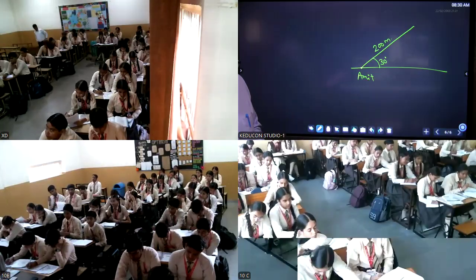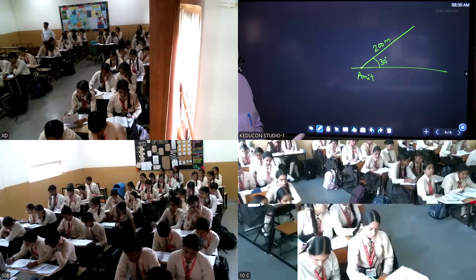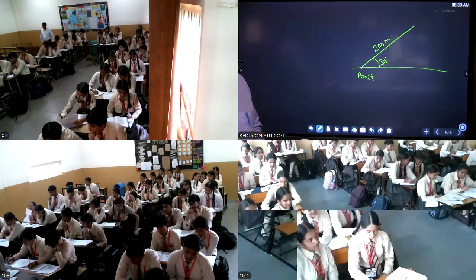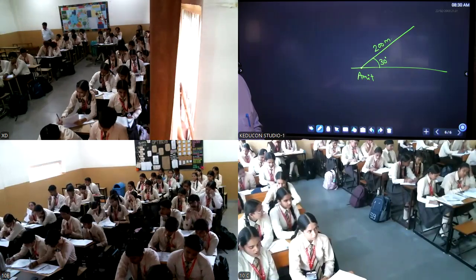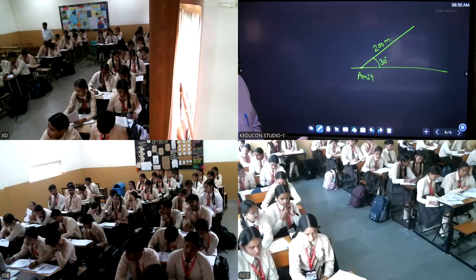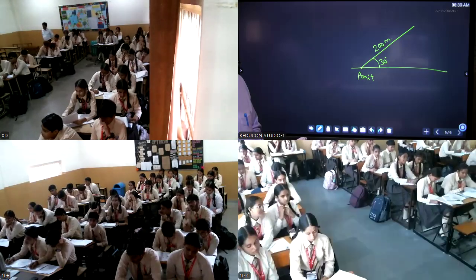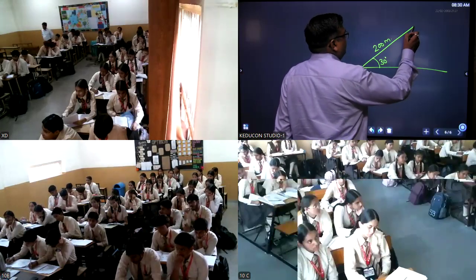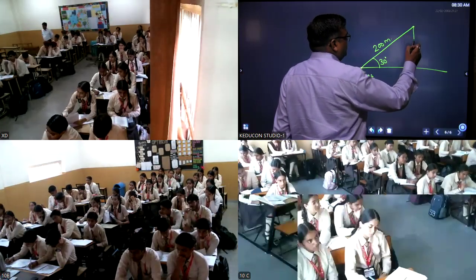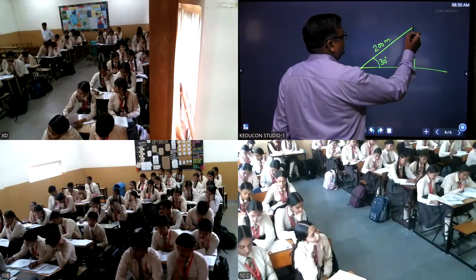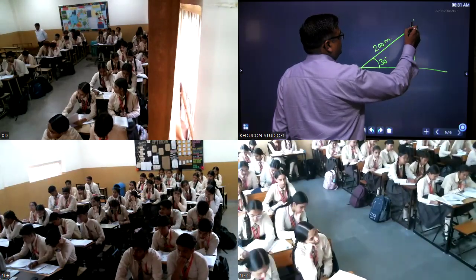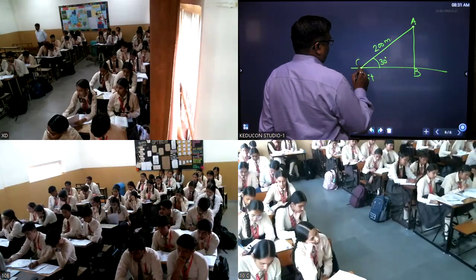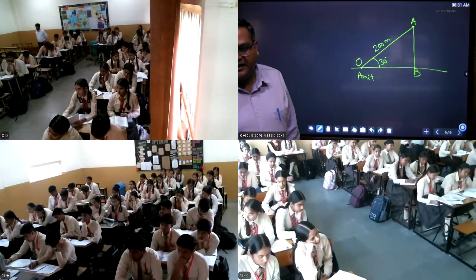Now Deepak standing on the roof of a 50-meter high building and the angle of elevation of the same bird to be 45 degree. Amit and Deepak are on opposite sides of the bird. अब यहाँ पे देखिए डायग्राम ड्रॉ करना ही सबसे इंपॉर्टेंट चीज है. This is the bird. Let's say this point A is the bird.